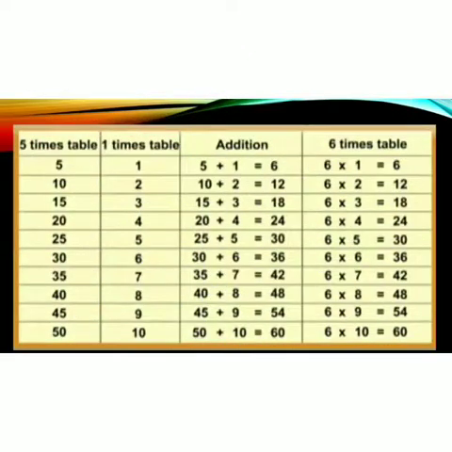More tables we can make with the help of addition. Again, the 6 times table we can make with the help of the 5 times table and the 1 times table. We can add these two tables and we will get the 6 times table easily.